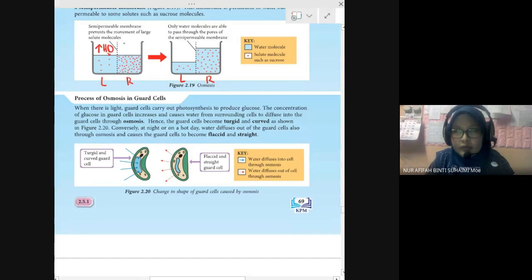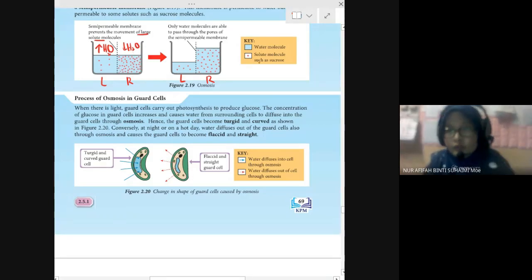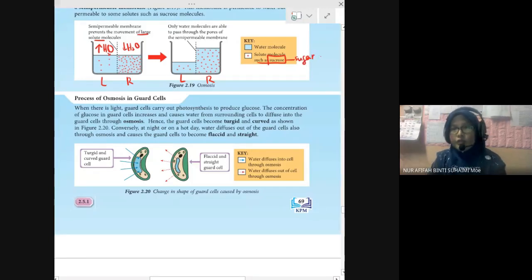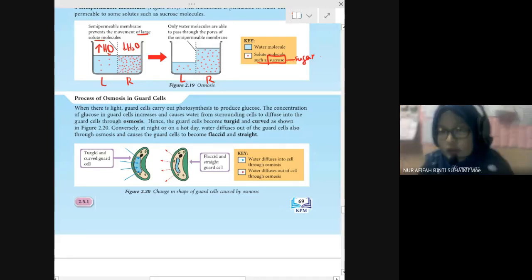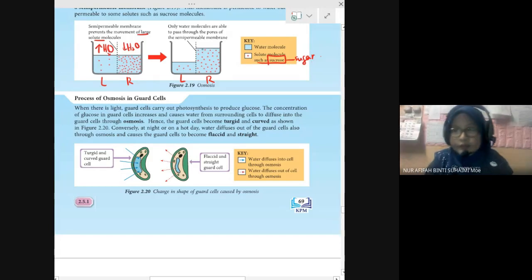This one has less water because it has more solute, a large solute molecule, or more solid, more sugar. Sucrose or sugar. Sugar is a bigger molecule. Sucrose is a type of sugar also, but simpler than sugar.